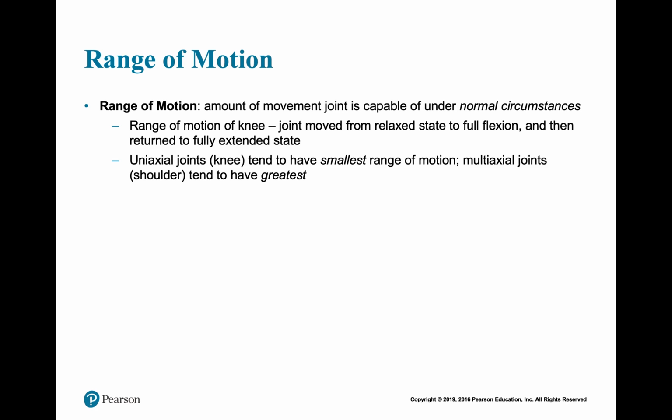You can have circumduction, and you can have internal and external rotation, sometimes also referred to as medial and lateral rotation. You can have the same movements at your hip joint. So at the hip, that's also a ball and socket. You can have flexion, extension, hyperextension, abduction, adduction, circumduction, and you can have internal and external rotation.